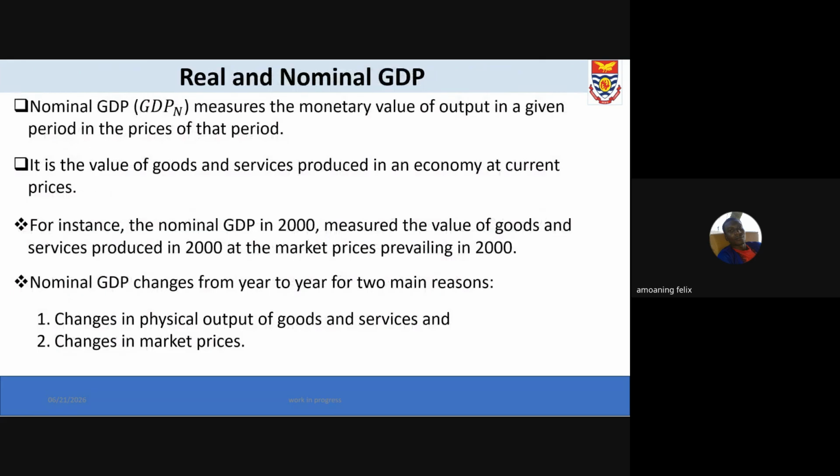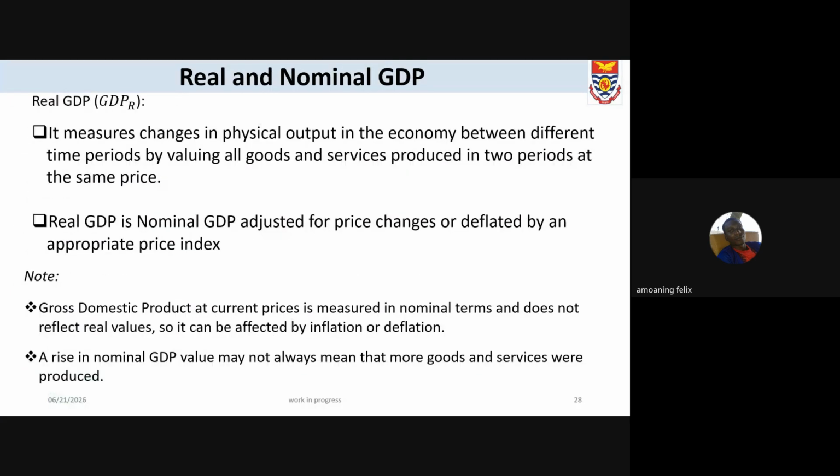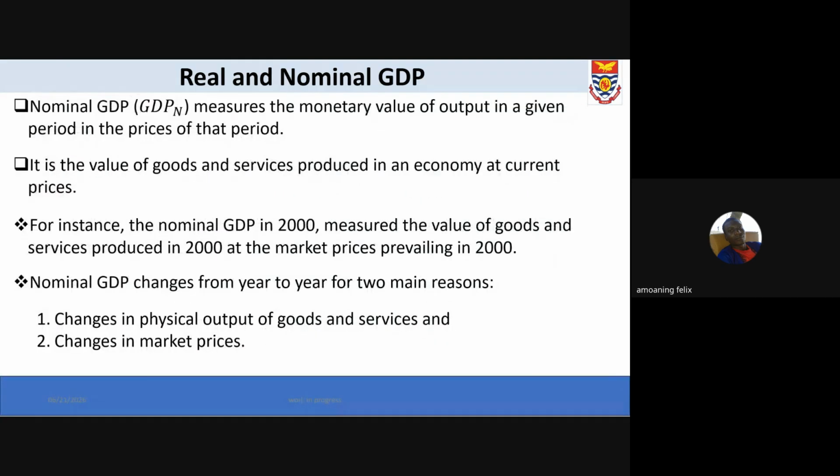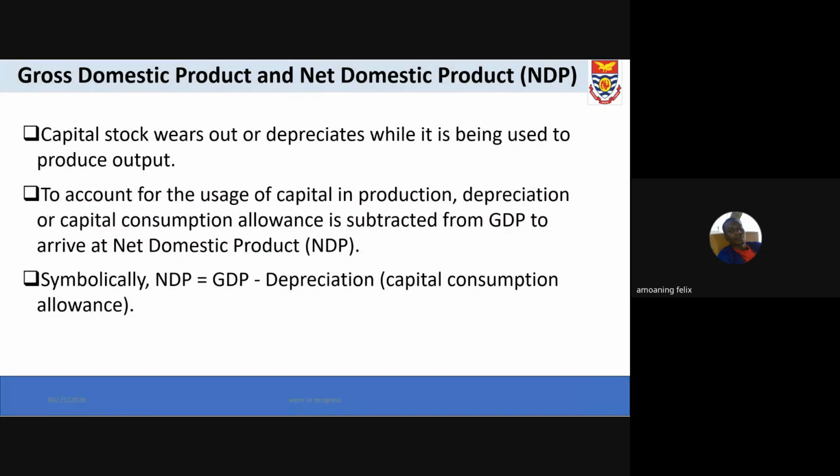So when we take the depreciation from the gross, the gross becomes net. NDP, net domestic product, because we have taken depreciation out of it.